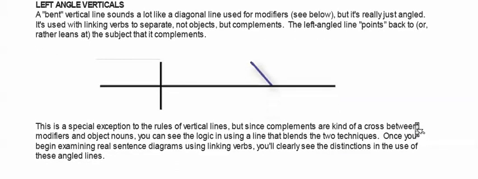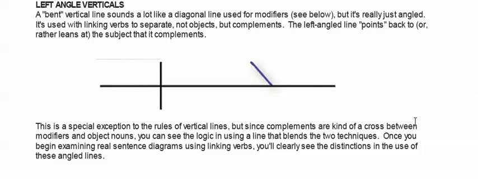Left angle verticals are used to point back at an element before it. In the case of a subjective complement or a predicate nominative, sometimes we refer to PNs, predicate nominatives, or predicate adjectives, like Paul is the captain of our soccer team.